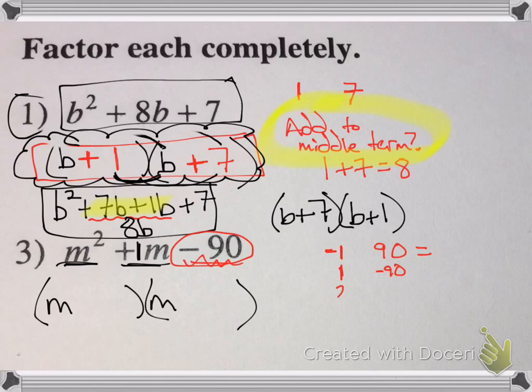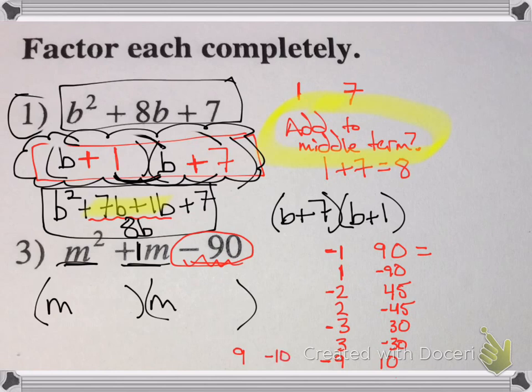Okay. We can move on to 2. 2 times 45, or negative 2 times positive 45, and then 2 times negative 45. 3 and 30, or negative 3 and 30, and positive 3 and negative 30. What else? 9 and 10, negative 9 and positive 10, and also positive 9 and negative 10.